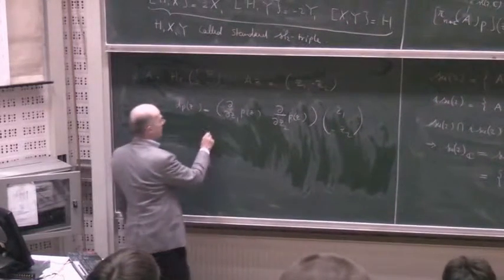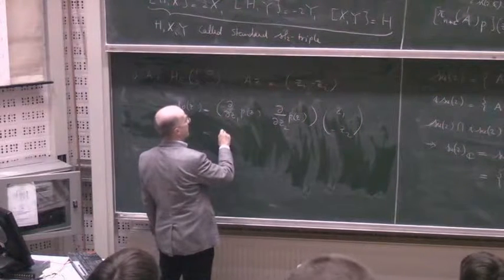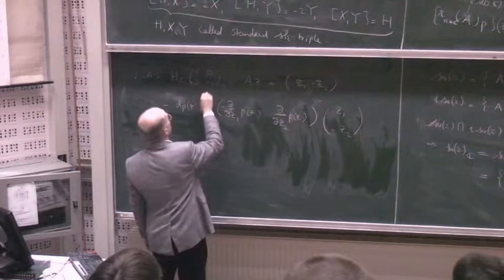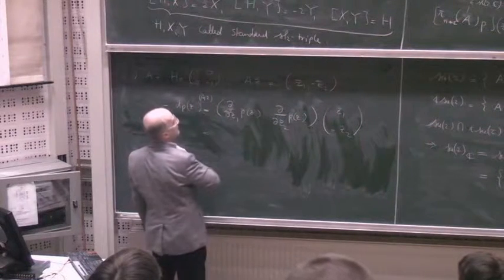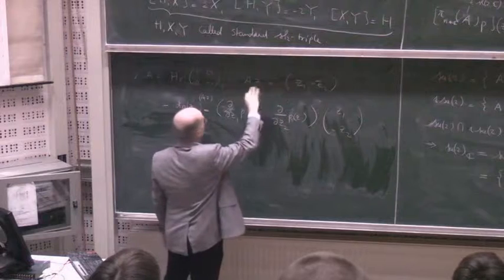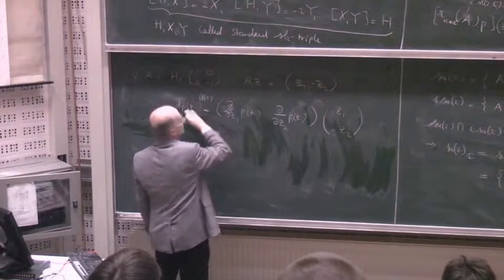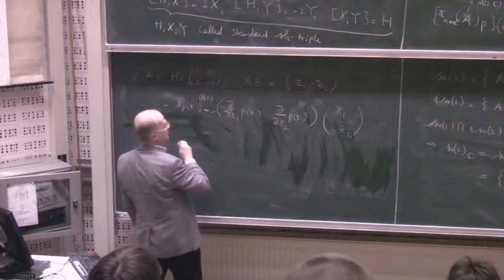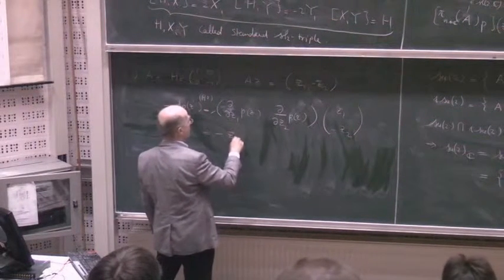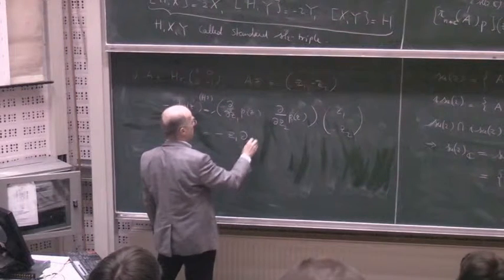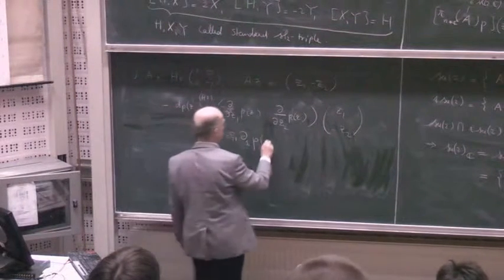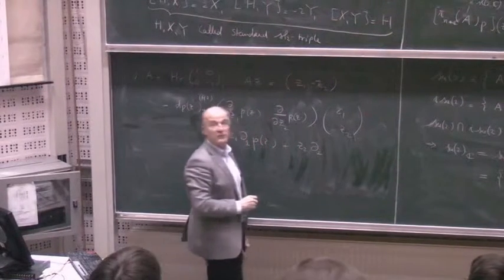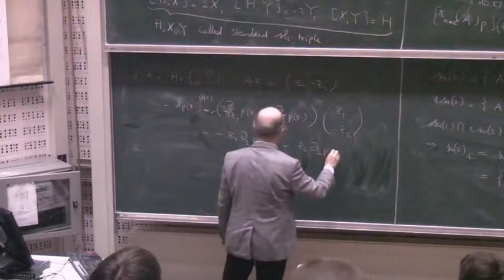Actually I'm interested in minus this applied to Az. So it's really Hz, with a minus in front. So this is minus z1 times the derivative with respect to the first variable of p, plus z2 times the derivative with respect to the second variable of p.